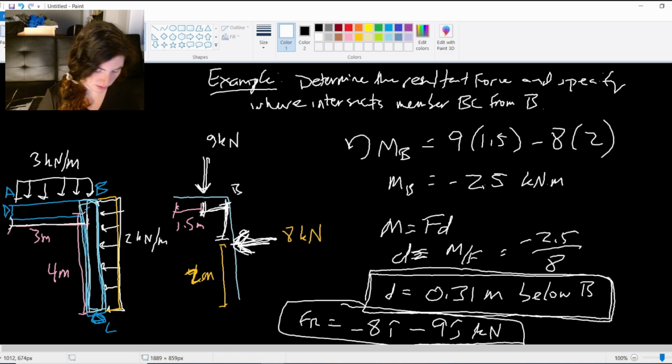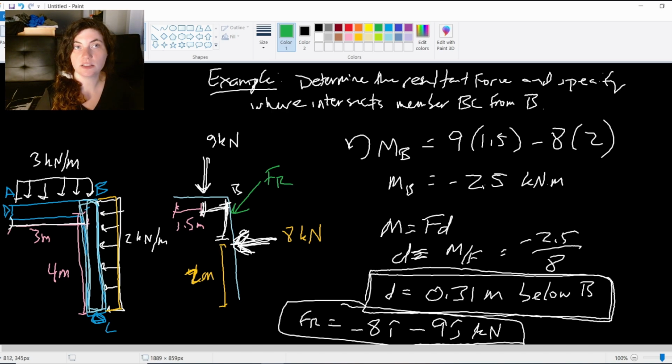It is acting somewhere right about here. Something like this. This is where my resultant force is acting, 0.3 below B. So not as intuitive as we thought it was, because that 9 kilonewtons is influencing where the resultant force is actually acting. What we get is this result.